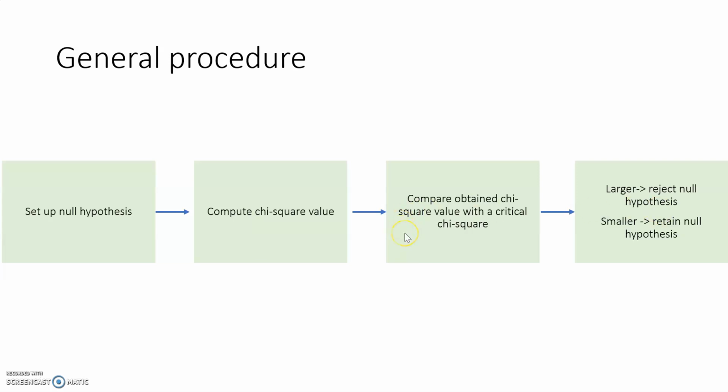So this is the entire procedure to do a chi-square test. Since I believe that you are also familiar with this whole procedure, null hypothesis, comparing the values and making the final decision, I'll quickly pass over the rest.